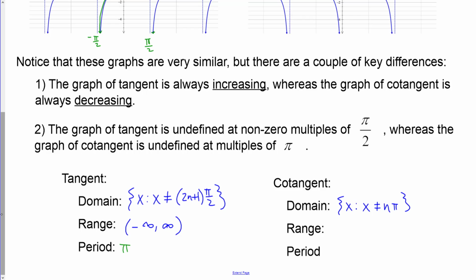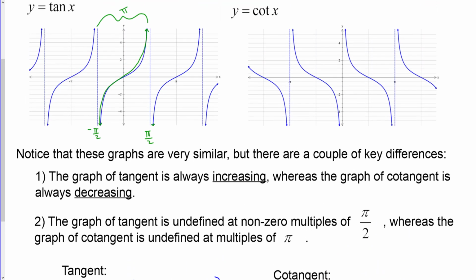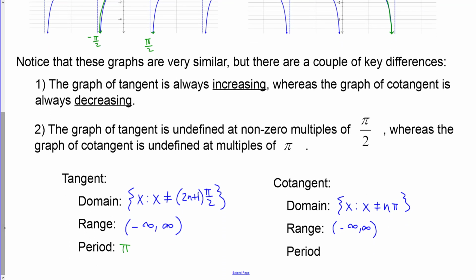The range for cotangent is also negative infinity to positive infinity. And the period, if we start with this arrow and work our way to the next similar point, well, here we are, and this is a distance of pi. So the period of cotangent is also pi.